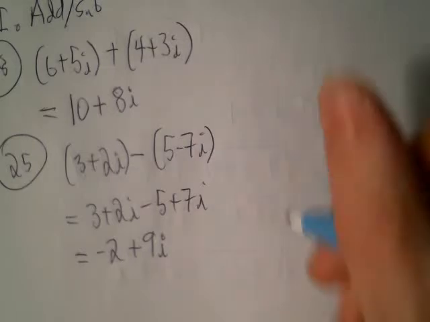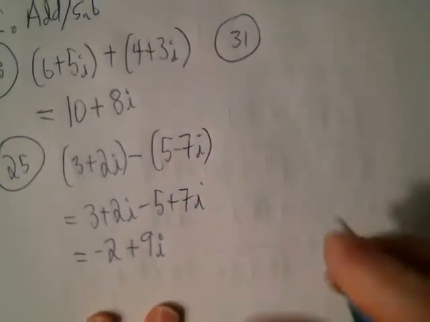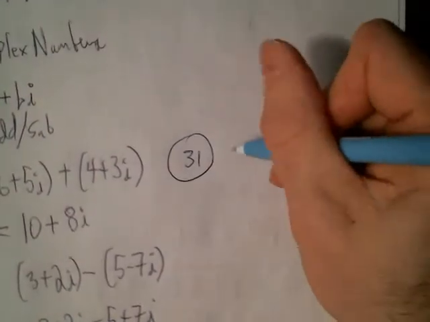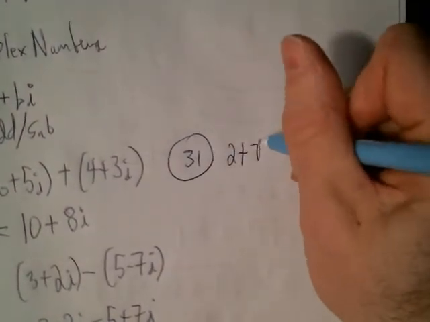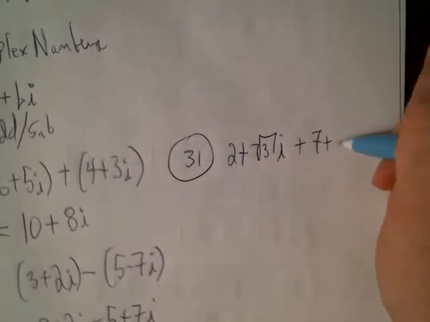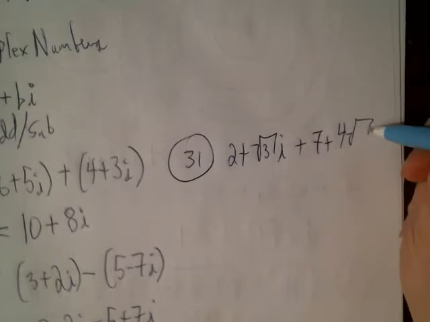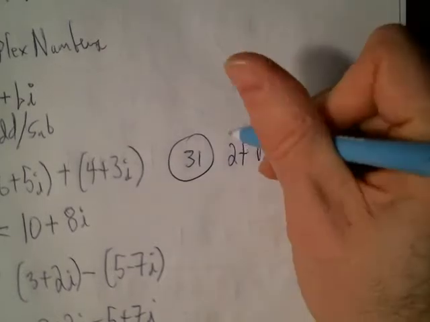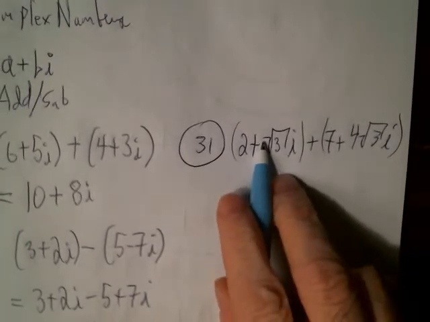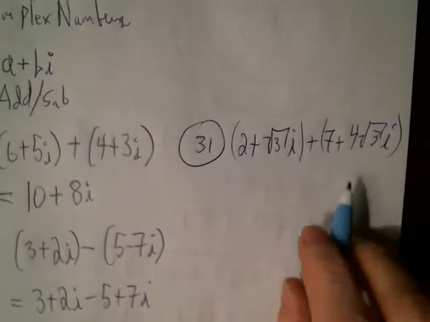Okay, let's look at one that's a little nastier, and then we'll move on to multiplying. So 31, we have 2 plus radical 3i's plus 7 plus 4 radical 3i's. And again, the book may put the i in front of the radical 3, so hopefully that doesn't confuse you.